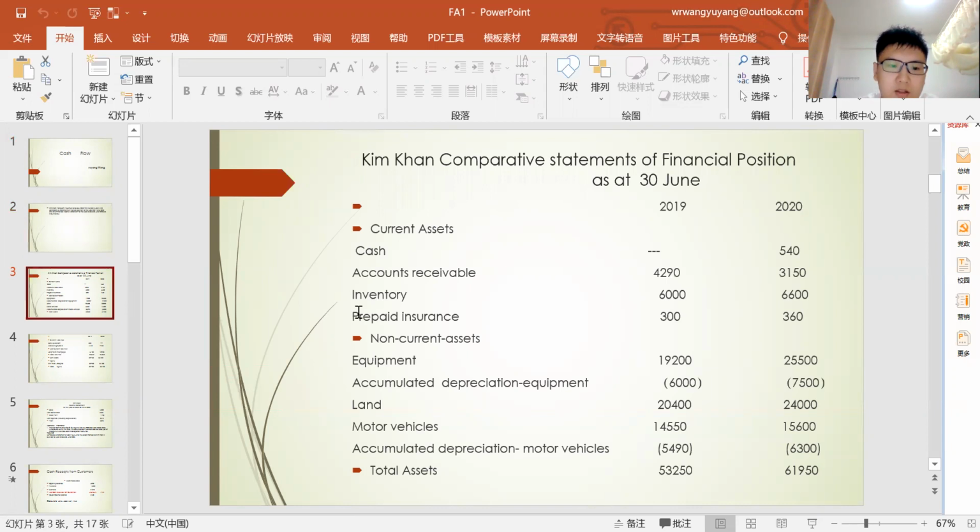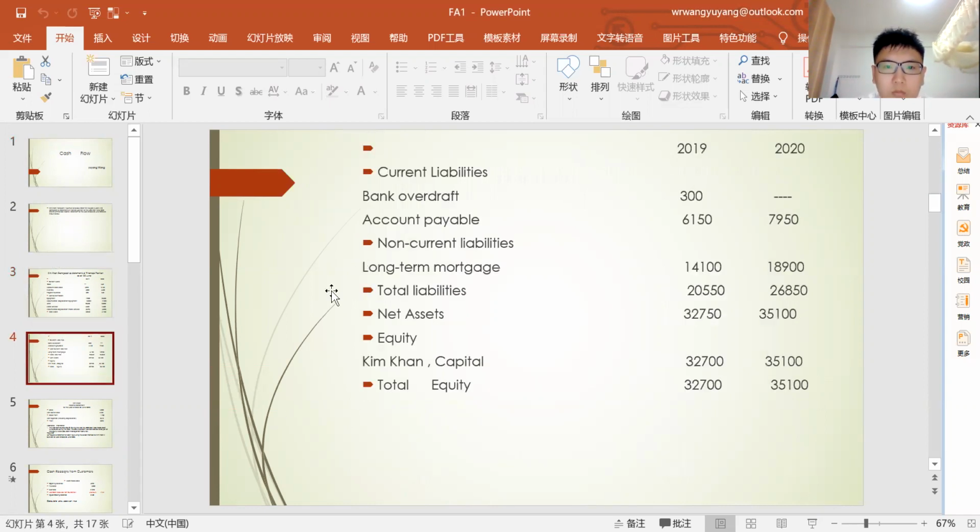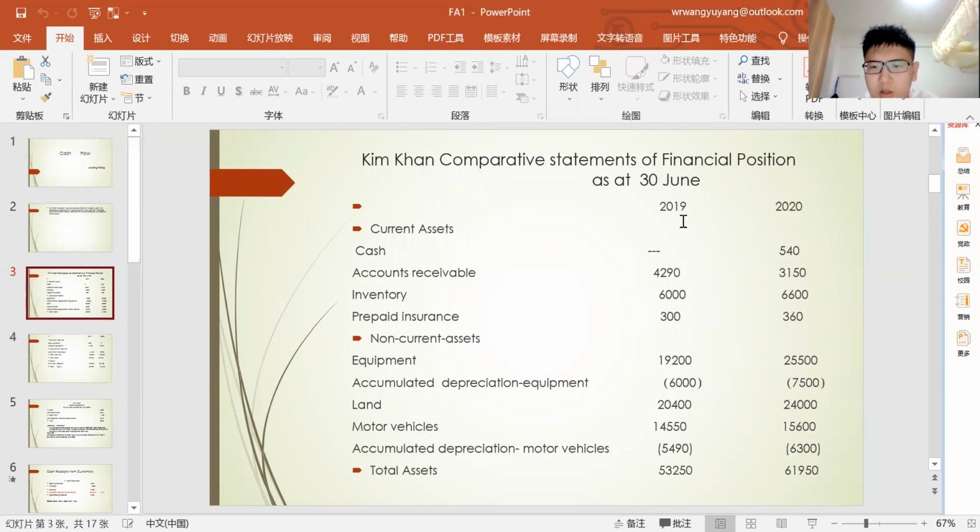We can look at some of the data: current assets, non-current assets, current liabilities, non-current liabilities, and equity. We can also make it clear that the opening balance is 2019 and the closing balance is 2020.